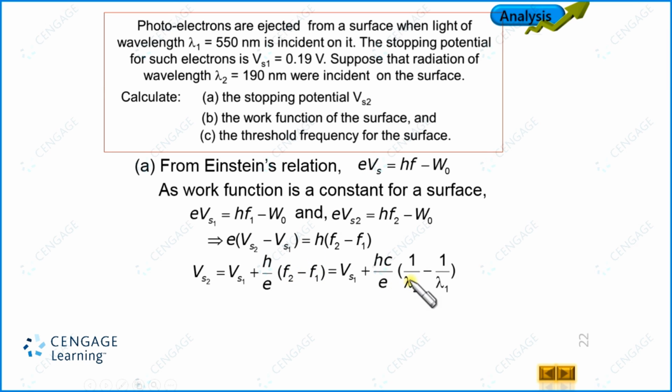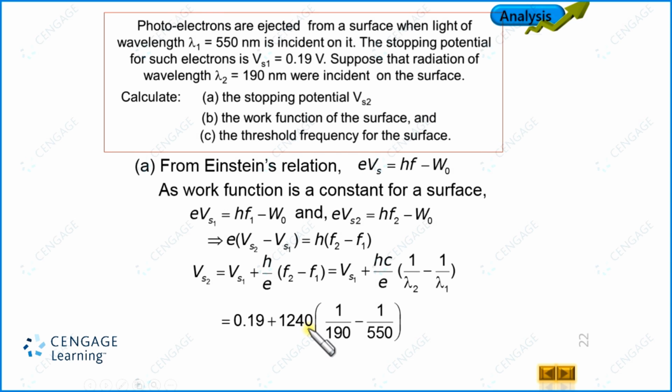Now we can easily solve the equation because we know the value of hc by e, and we are given the value of Vs1 in volt. That means we can write this value, that is 0.19, and since we are given the value of lambda in nanometer, we can write this expression as 1240.